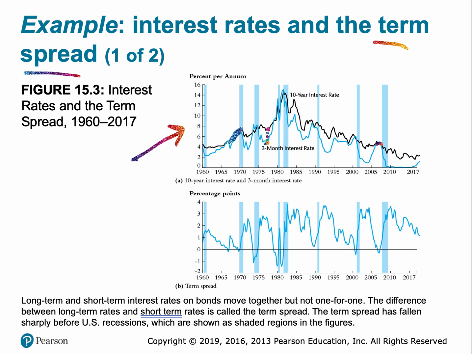There was very little difference between short-term and long-term interest rates, and then afterward, a larger difference. And the bottom plot gives us the term spread: just before a recession, the term spread goes to about 0, or negative.